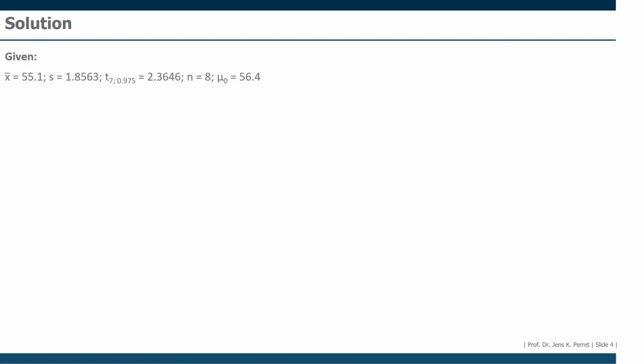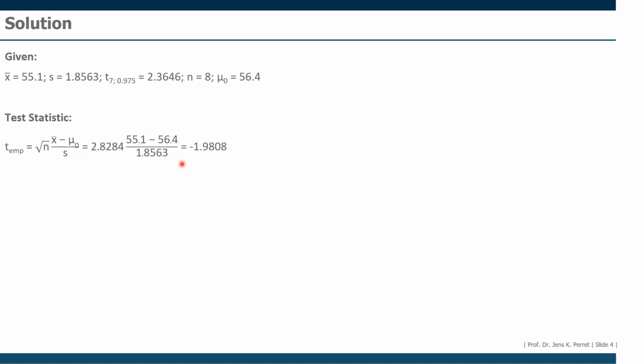So I'm going to summarize this on the next slide. Then, well, as I said, to conduct the test, we also need the test statistic. That's what we determined the first 2 values for, and the number of observations. So the test statistic for a standard t-test is given as the number of observations, taking the square root of them, then multiplied with the difference between arithmetic mean and test value, divided by the standard deviation.